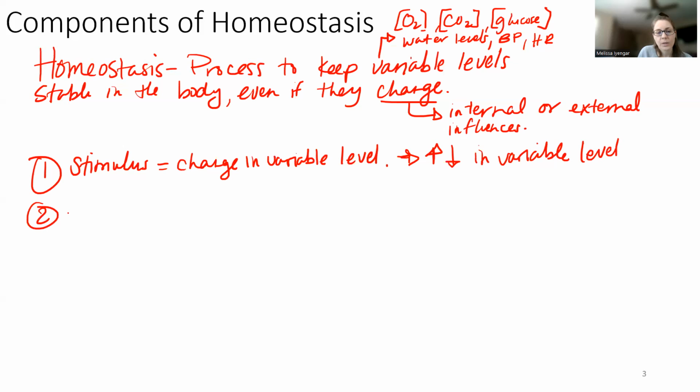Number two has to be a receptor. And I think I also called this something else, but I forget what it is right now. Okay, so you have a receptor or you have a sensor. That was the other one. They're basically the same thing. The receptor or the sensor monitors for the variable level.